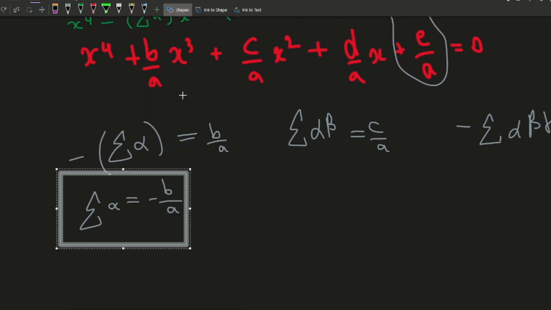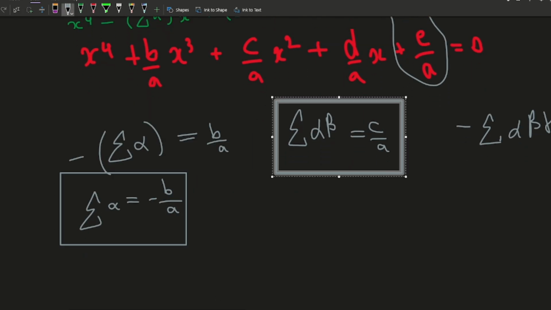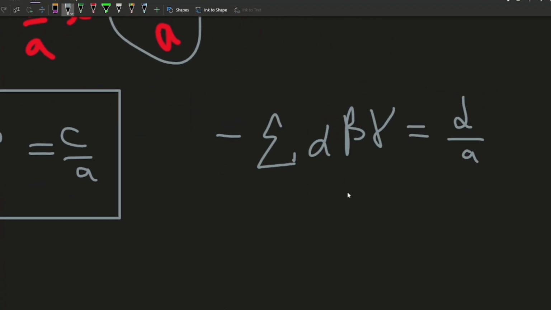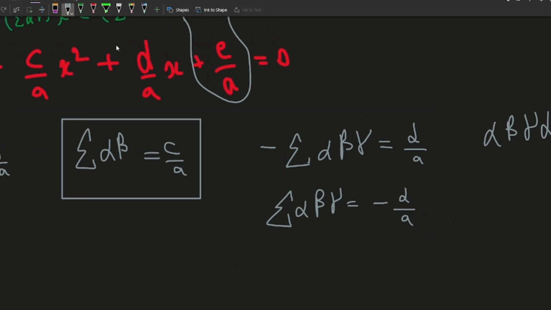We don't need to make this negative. So the sum of pairwise products is c over a, and then we need to make this positive, so summation alpha beta gamma is equal to minus d over a. So this is our third one.